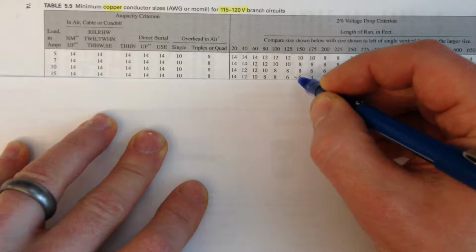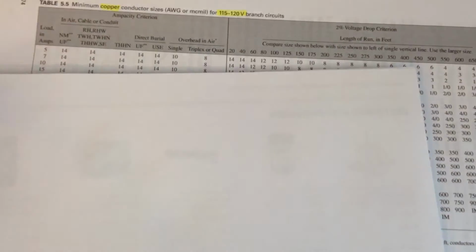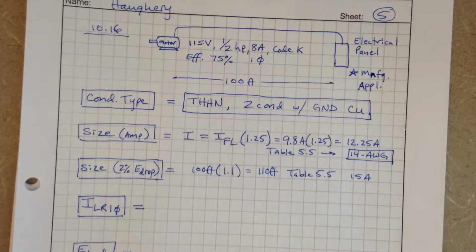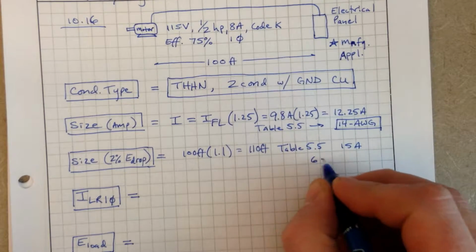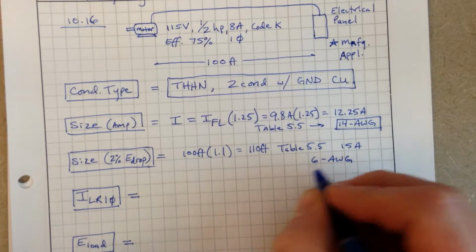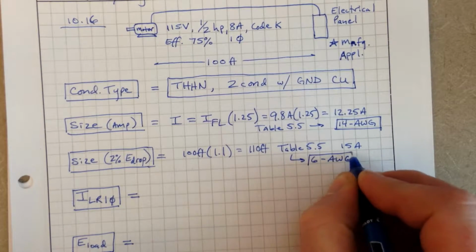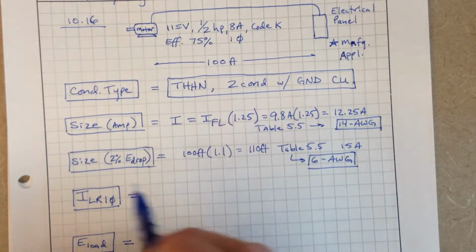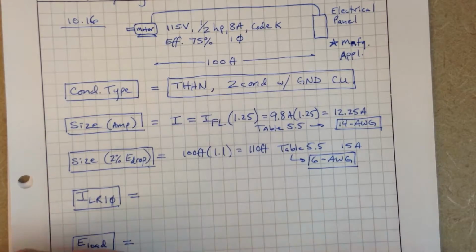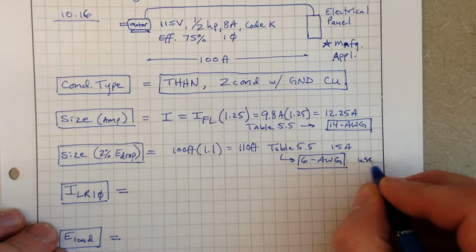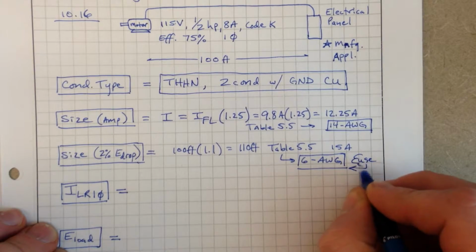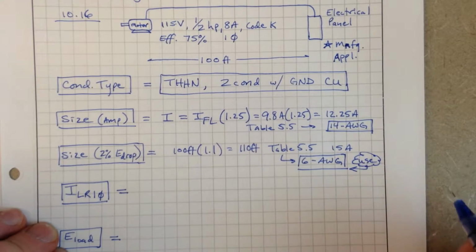So I'll go back, and I want to use 6 gauge to get my 2% voltage drop. So if I have the choice now, I want to use the larger of the two.